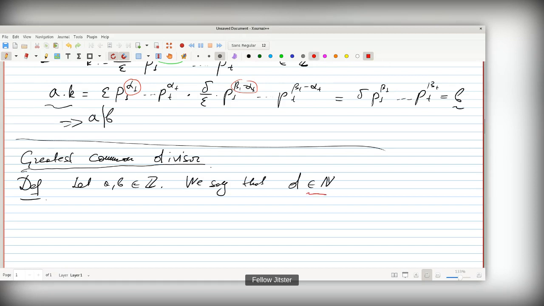Please notice that the greatest common divisor must be natural. Okay, a greatest common divisor, for there is no reason so far to presume that it is unique.